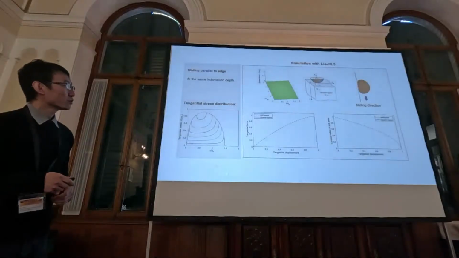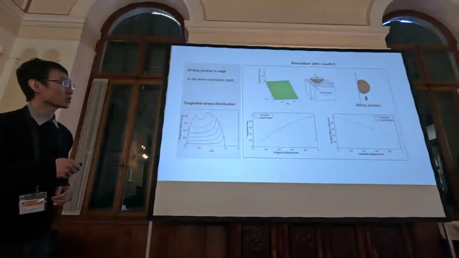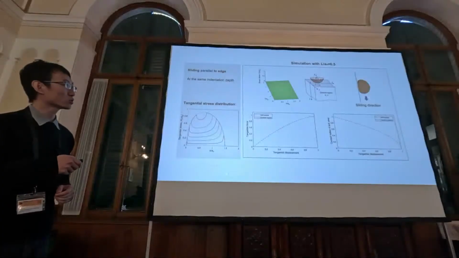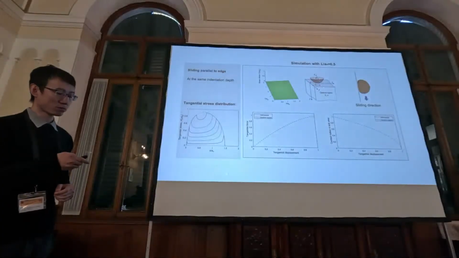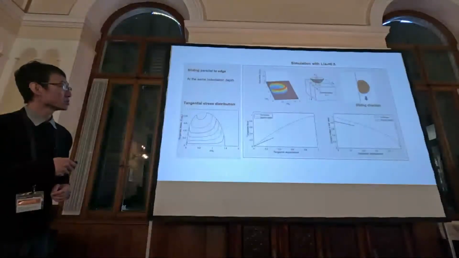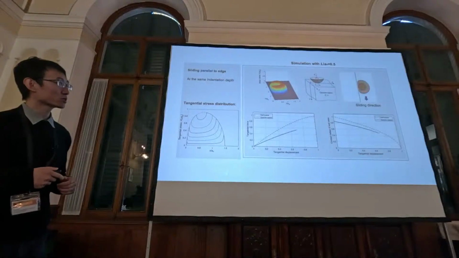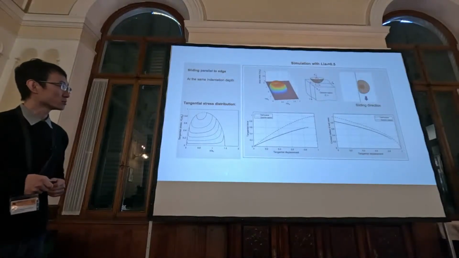Okay, now we see this case. The indenter slides parallel to the edge of the quarter surface, and this is the shear stress distribution, and this is the shrinking of the stick area during sliding.